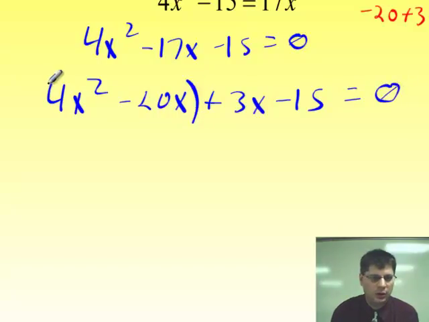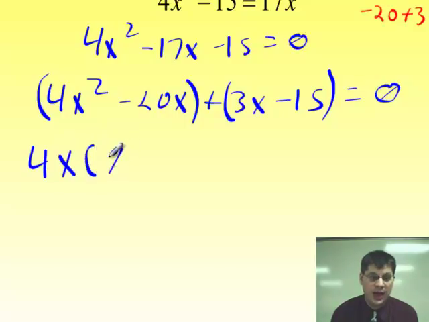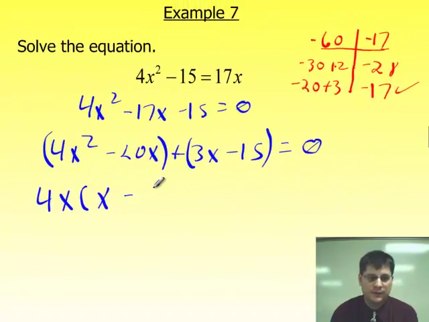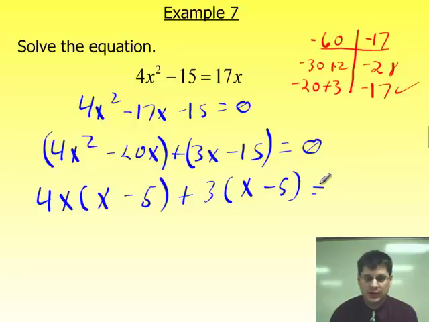So I'll group my first two terms together and my last two terms together. Okay, GCF between 4x squared and 20x would be a 4 and an x, which leaves me with x minus 5. And I can pull out a 3, which leaves me with an x minus 5. So we did that well.